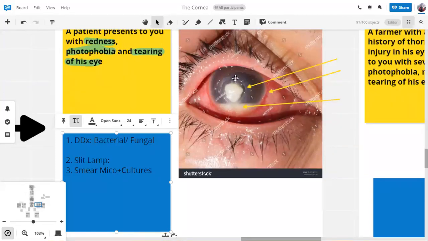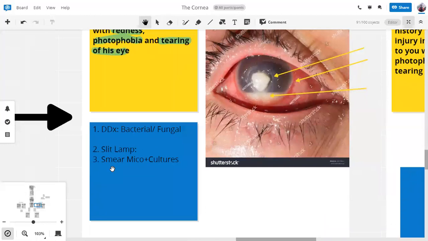All right. On the basis of these, we're usually able to form our diagnosis, and in clinical vignettes also, these are the two important examinations, the important investigations on the basis of which we can form our diagnosis. So in a bacterial corneal ulcer, what would you see on a culture or a smear microscopy?